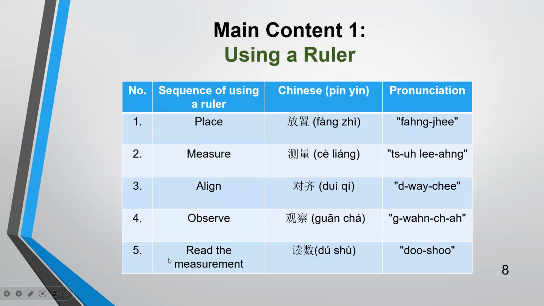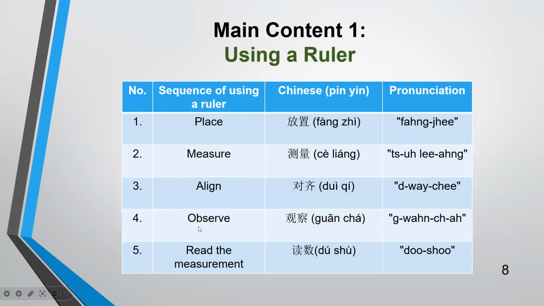The third step is to align, 对齐. 对, like the road is one way or two way, with du in front. 齐 would be the cheese without the se. So it's 对齐, to align, correct.